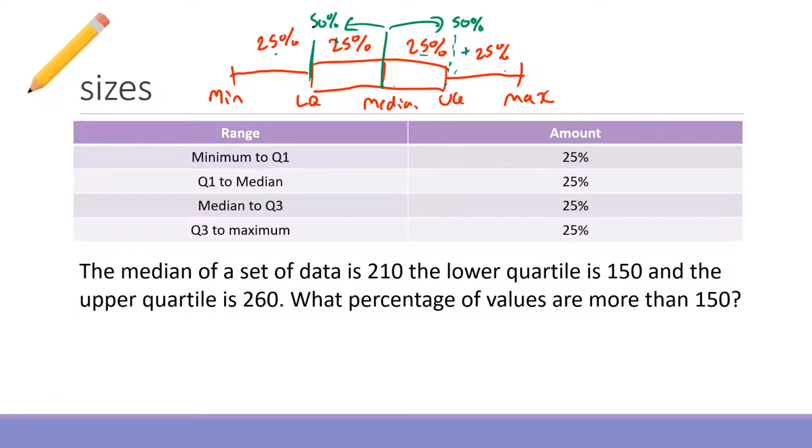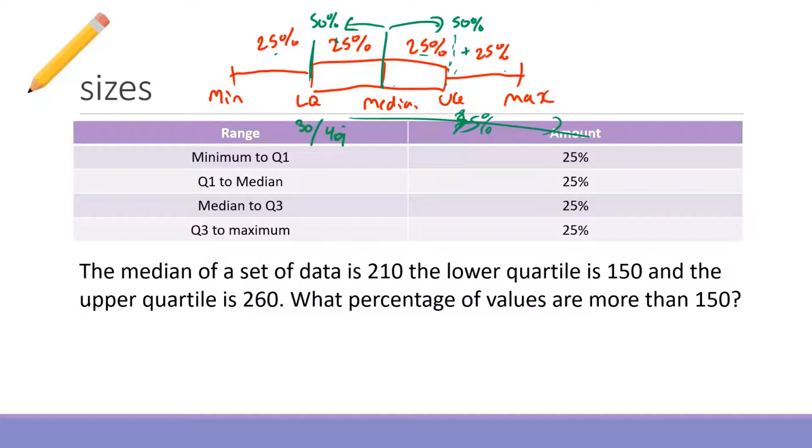If you know the lower quartile, let's just say the Q1, the lower quartile was 30 out of, we'll go with 49, some random number, then you know that 75% of the class got more than that value.